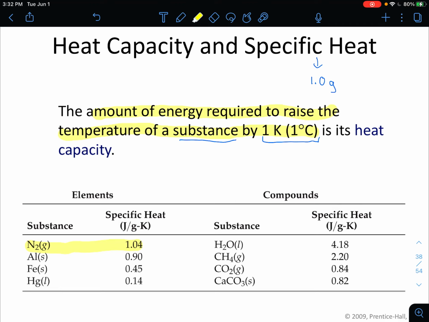And it says that it costs 1 joule to heat 1 gram of nitrogen by 1 Kelvin or 1 Celsius degree. Then we have something like iron, where it takes 0.45 joules to heat up 1 gram of iron by 1 degree. Metals are easier to heat up than a lot of things, and we can see even easier to heat up than air, but substantially easier to heat up compared to water.